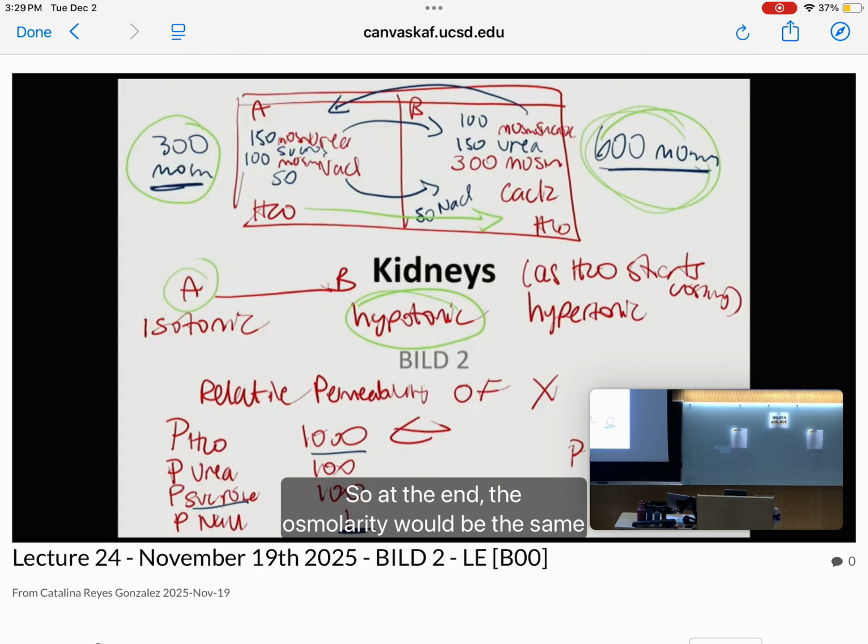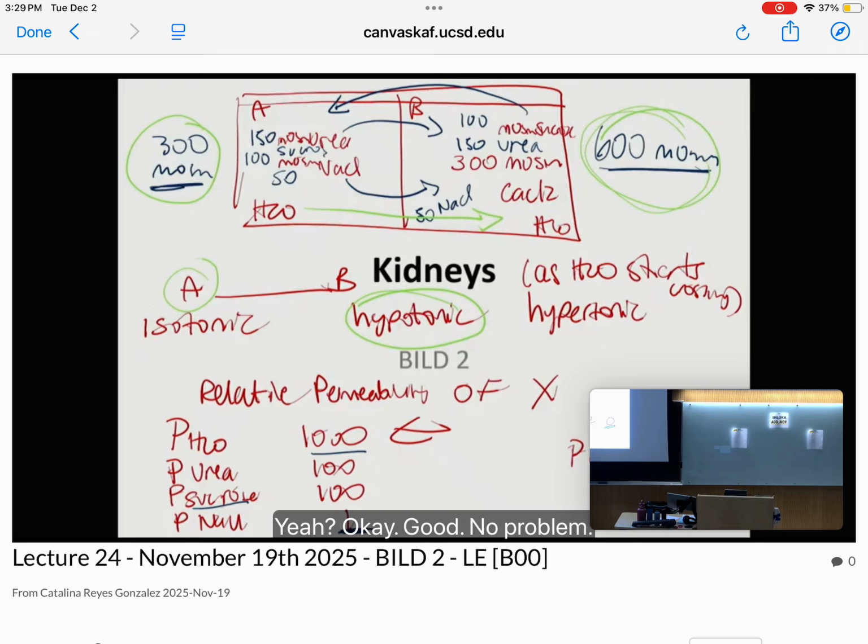So at the end, the osmolarity would be the same because water will dilute that number of solute particles in B. Is that what you're asking me? So then they'll be isosmotic again because you're dividing by a larger volume. Yeah? Okay, good, no problem. That was a great question, by the way.